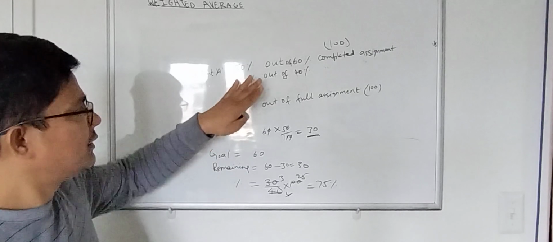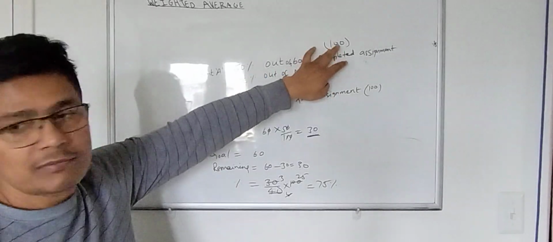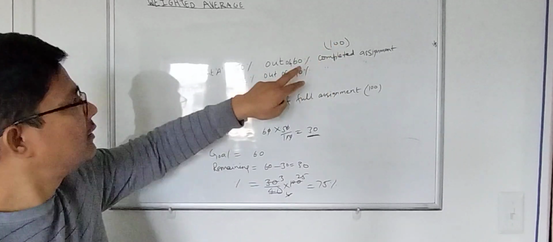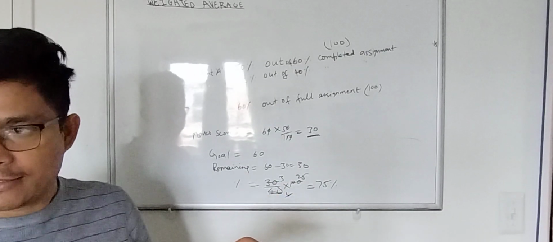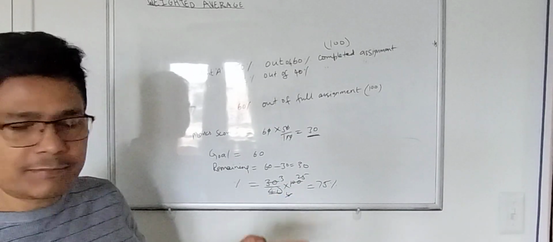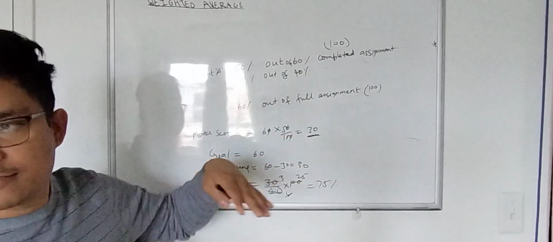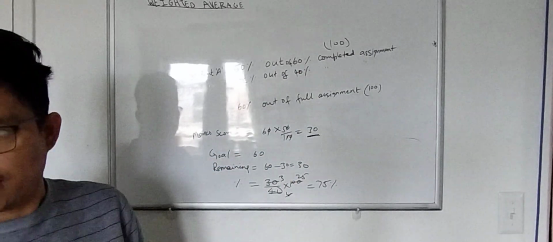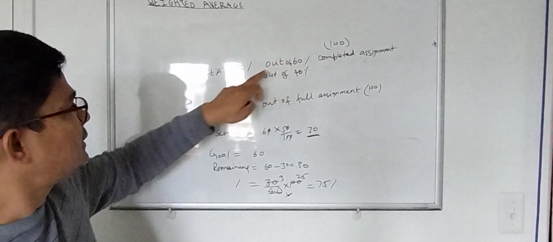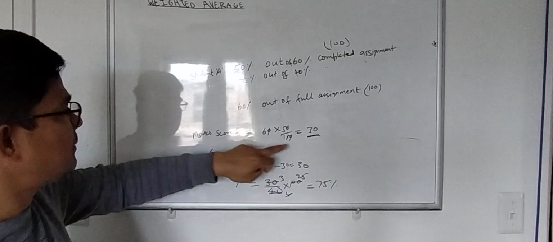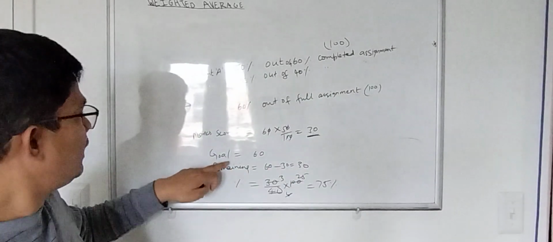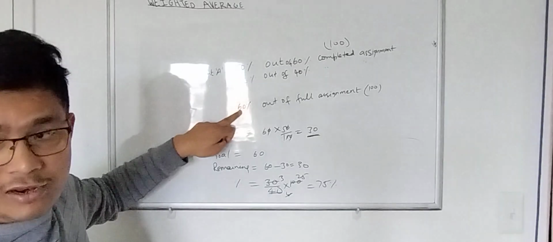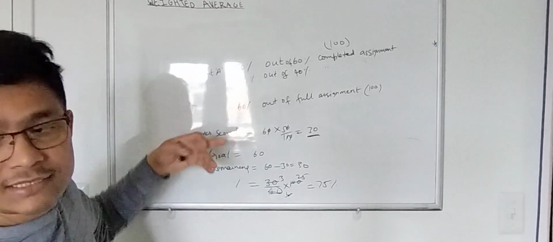Let me repeat again. Let's assume that total assignment is 100. Out of that, she completed 60%, meaning she completed 60 since we are using 100. Out of that 60, she got 50%. It means she got 30. And the goal is to get 60% out of 100, which is 60.